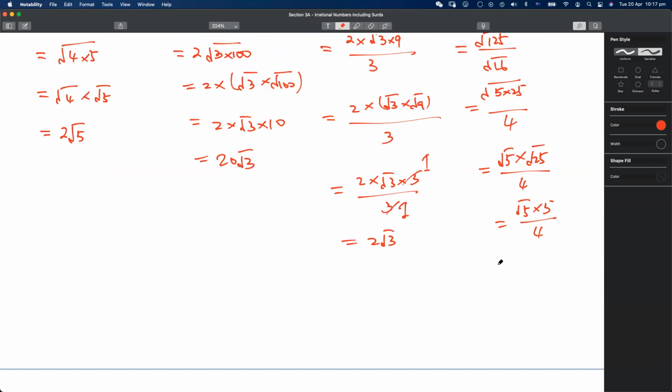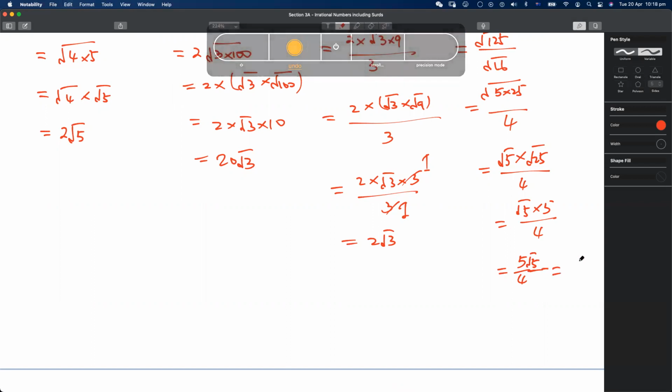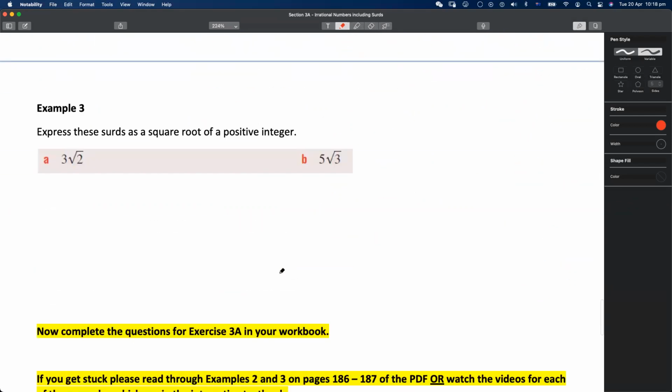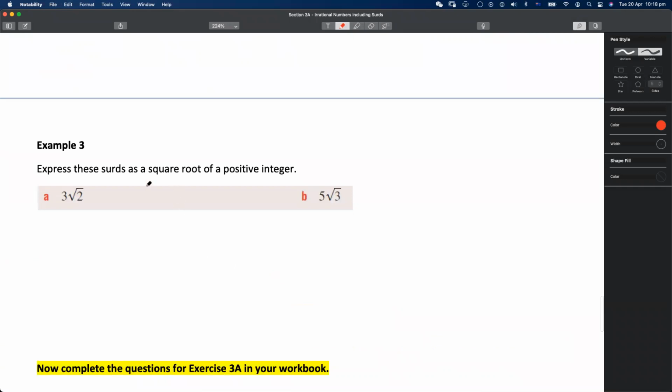And usually we write the surd to the end, okay? So 5 over 4 times root 5, on the top. You could write to the right as well, 5 over 4 root 5. Both are correct, okay?